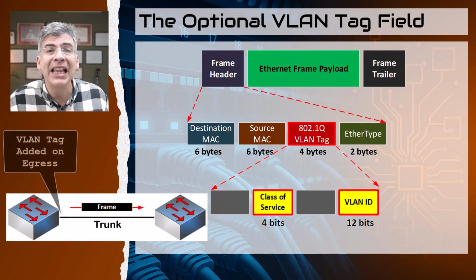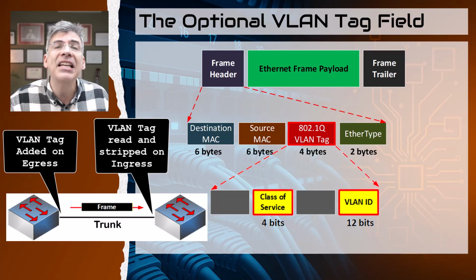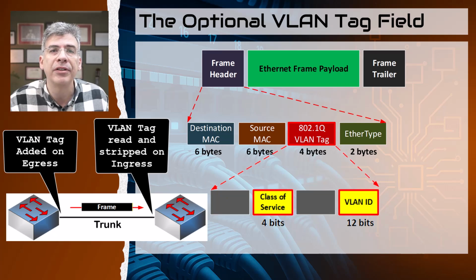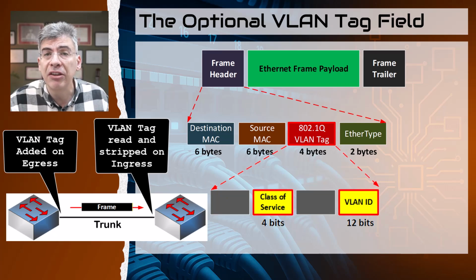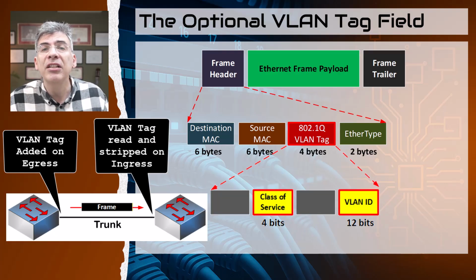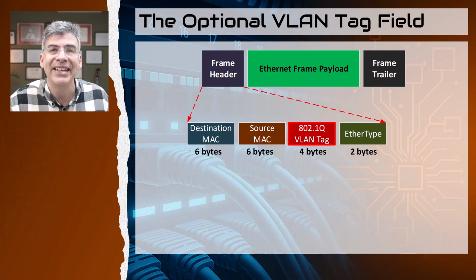If you've heard about VLANs and QoS, this is where they live, at least as far as the communication between switches go, and at least as far as layer 2 is involved. So that, my friends, is an overview of Ethernet and the structure of the Ethernet frame. A very fundamental and crucial part of understanding layer 2 and switching in networks.